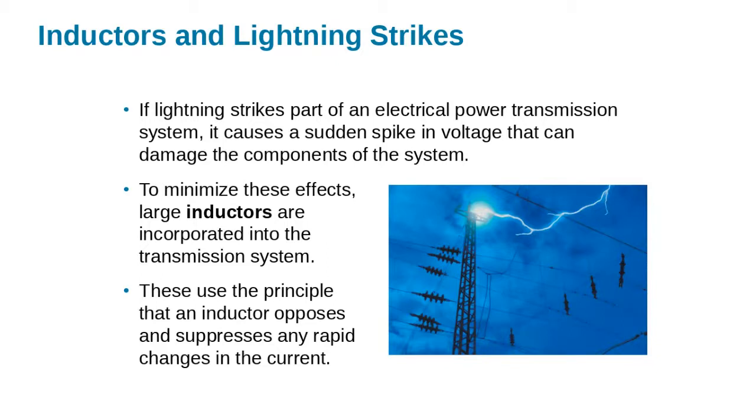But if we have something like a lightning strike and a spike in current, the inductor will tend to oppose that. There'll be an EMF over the inductor that will push back against any current being sent through it. So it will tend to smooth out any spikes in current, say, caused by a lightning strike. So that's another application of inductors.